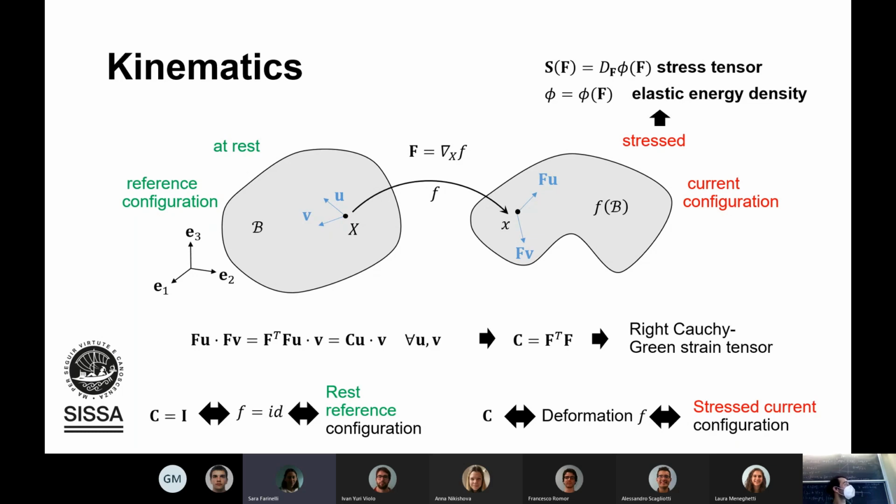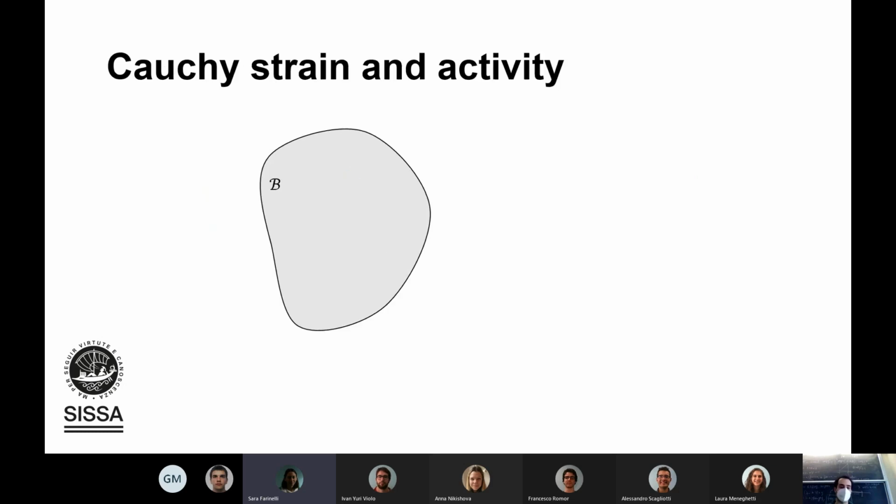For active materials, it's not appropriate to describe the rest configuration with a map or with a rest reference configuration. What is appropriate is to describe it with a metric tensor. Okay, so in order to understand it, to get a feeling of that, I'll make this little toy.